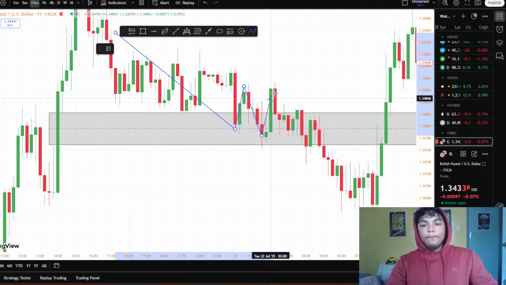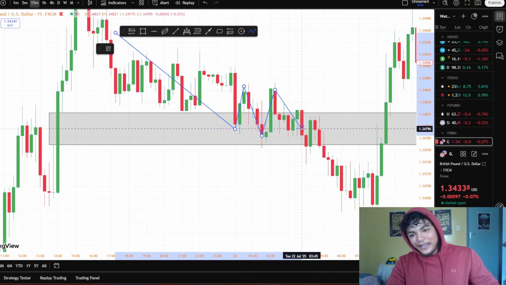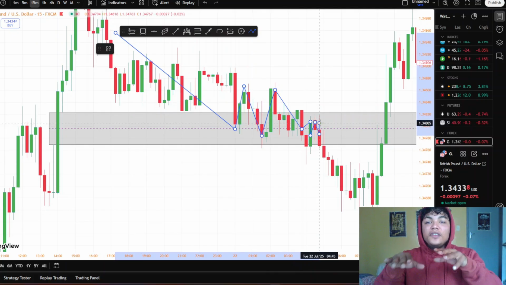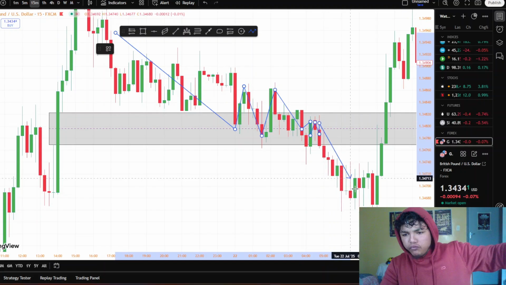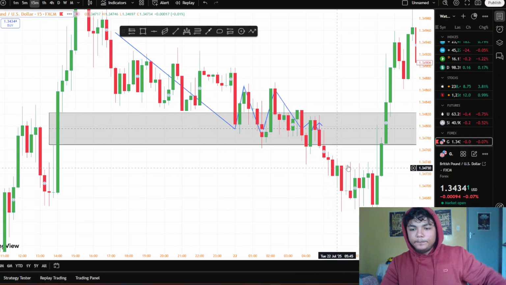Now it got pushed up again, and then the market went into this fair value gap again and started to consolidate. If you are in this trade and you see this happening, you put your stop loss on break even, or you exit the trade. Then after that, poof, the market broke the fair value gap, it violated the fair value gap.